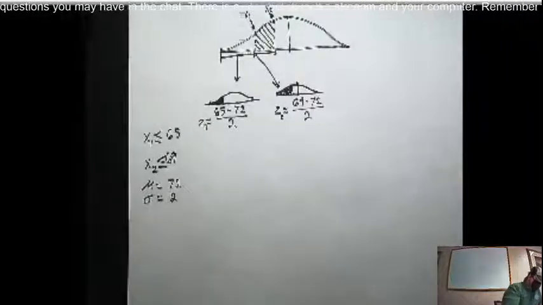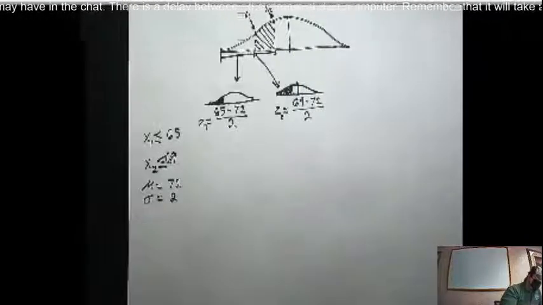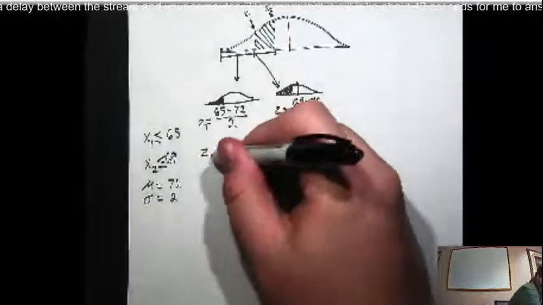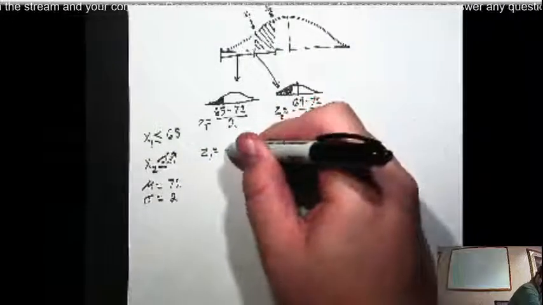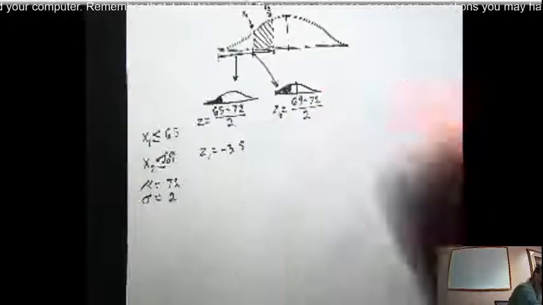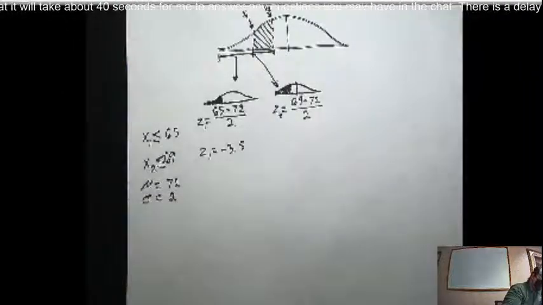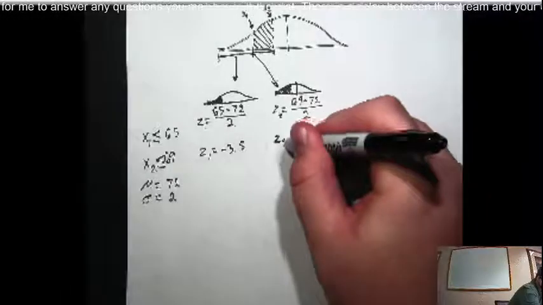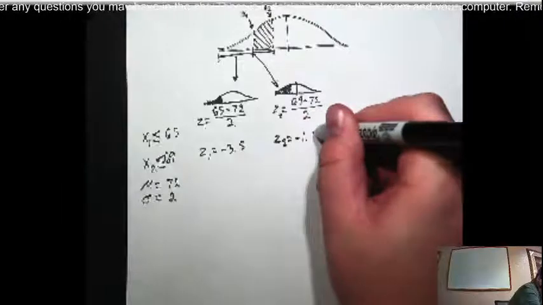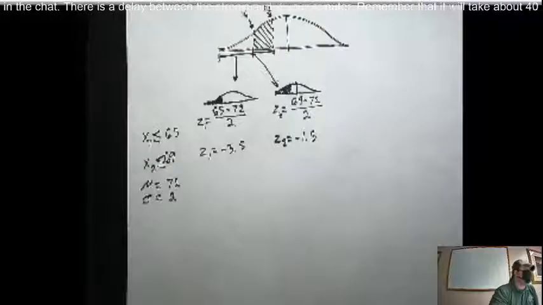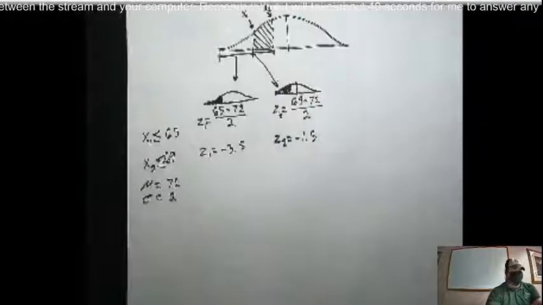Okay, so let's calculate these. 65 minus 72 is negative 7. Divide that by 2 is negative 3.5. So z1 is negative 3.5. And this one, 69 minus 72 divided by 2 is negative 1.5. So we've got our z-scores, and now we need to look up the probability for both of them.